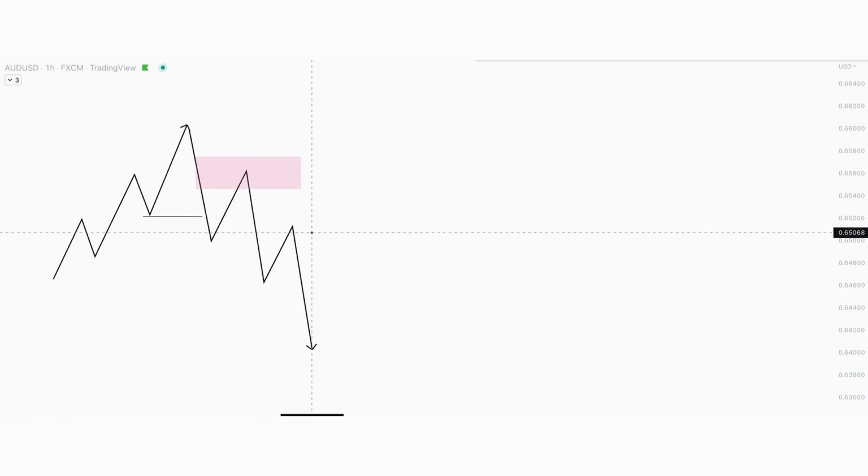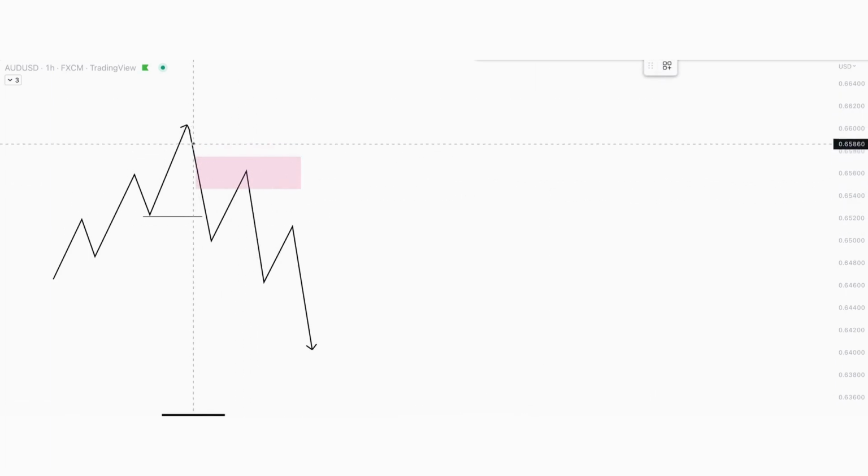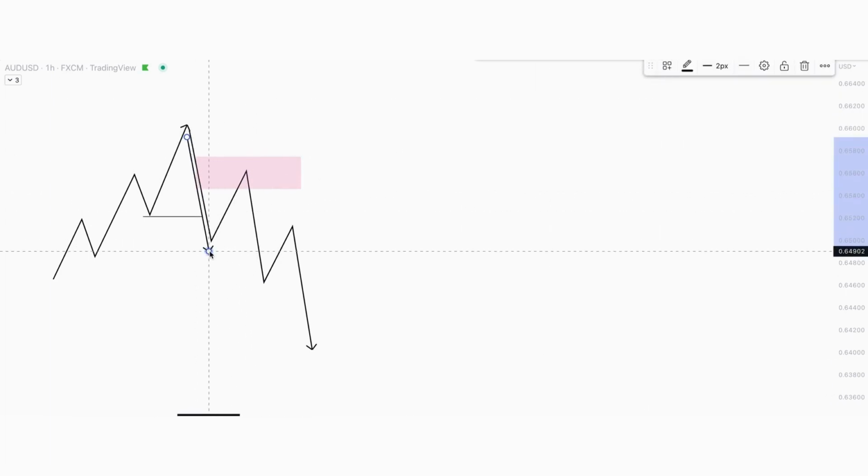It is important that we look for confirmation before taking any trades. So it is a bearish momentum, like in this one, bearish momentum that breaks the previous structure, and then it changes from bullish to bearish structure.